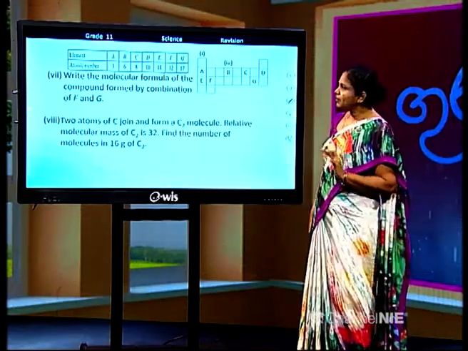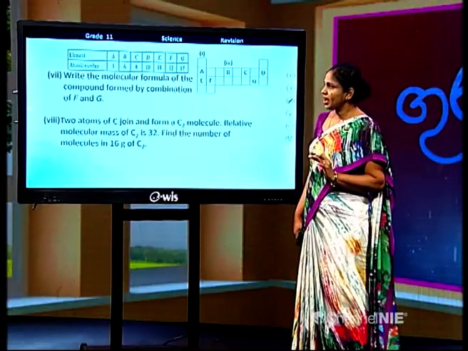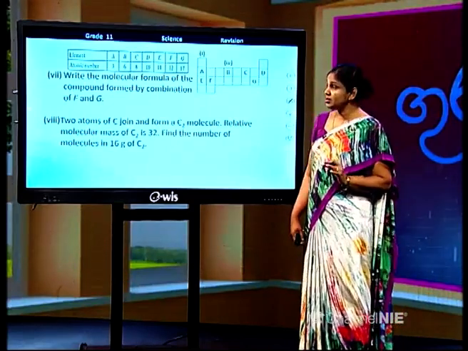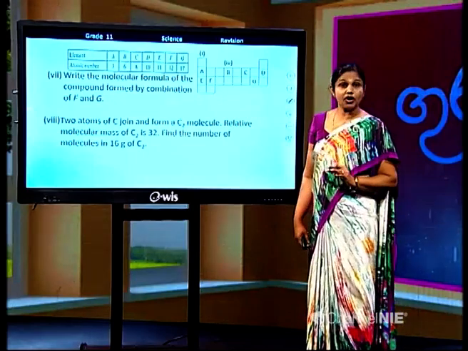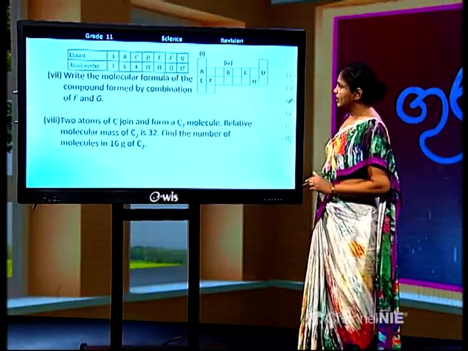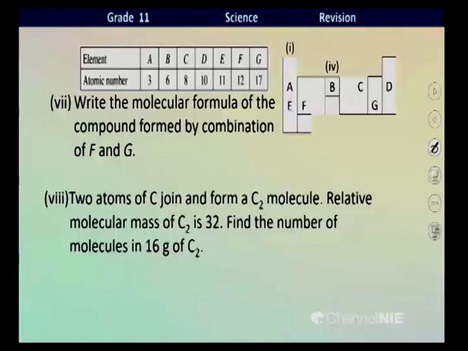Write the molecular formula of the compound formed by combination of F and G. Right. Here you know that children, F belongs to group 2, therefore the valency of F must be 2. So we can write F valency 2.